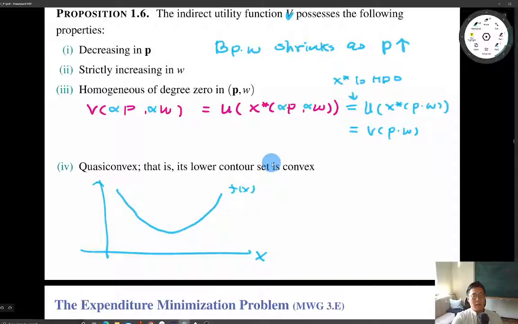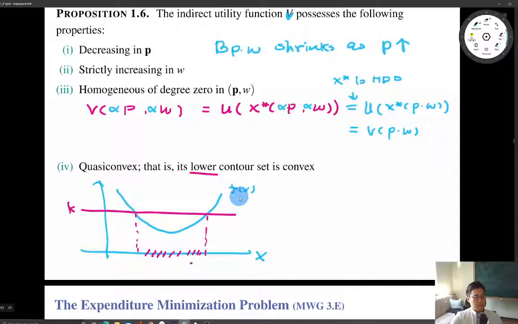For its lower contour set, we draw one horizontal line, figuring out where this function takes a lower value than this level. So this is a level k. Then we can see that the function takes a lower value than k over this interval. So that is a lower contour set of this function, with the level k.